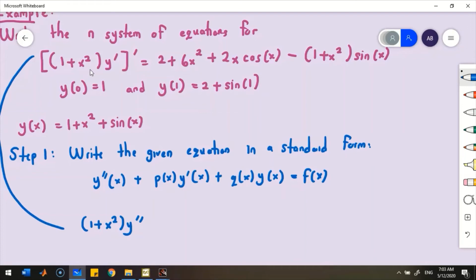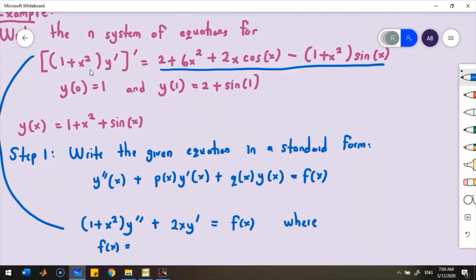Okay, so this equation can be written as this term plus 2x y prime x equals to the rest term here will be my f(x), where f(x) equals 2 plus 6x squared plus 2x cos x minus (1 plus x squared) sine x.